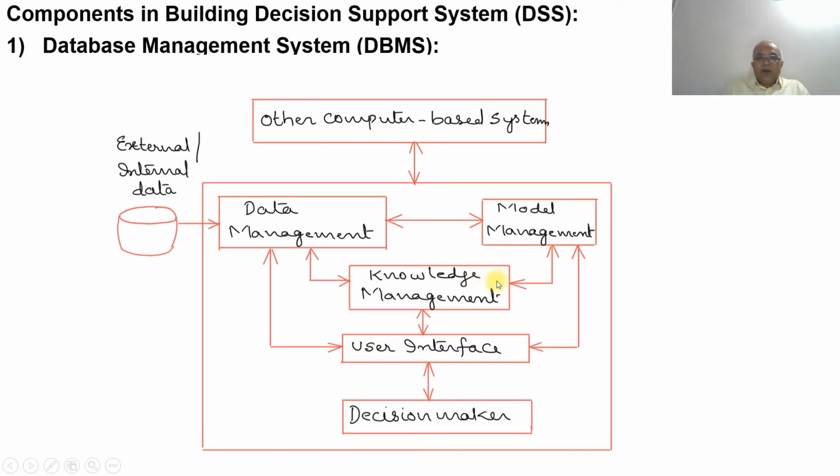Then we have knowledge management, user interface, and decision maker. Both data management and model management are interactive with knowledge management. Again, the user interface is also interactive between data management and model management. And only the decision maker, once you are going to make the decision, you are going to be the decision maker.